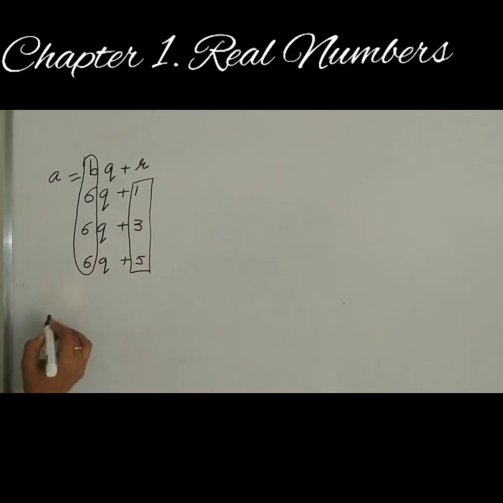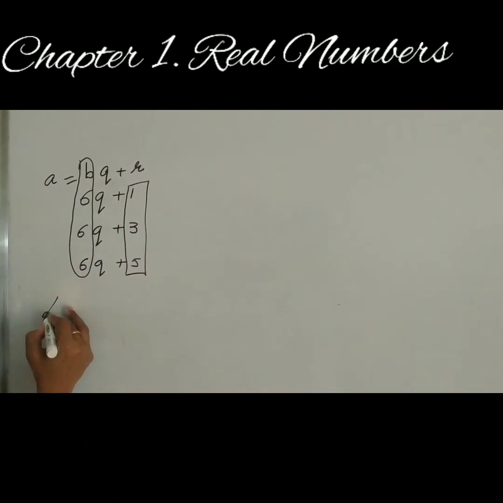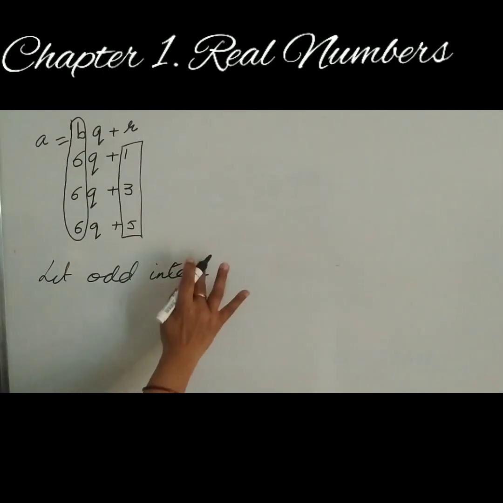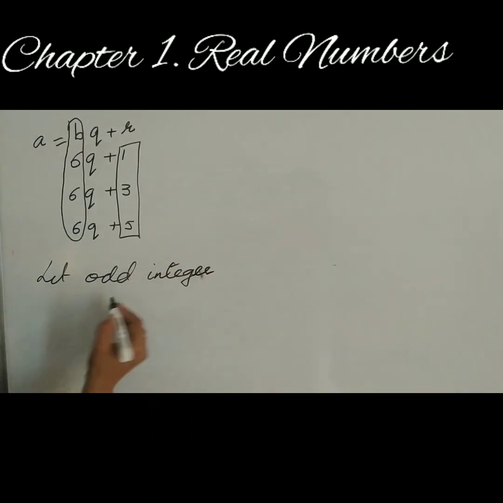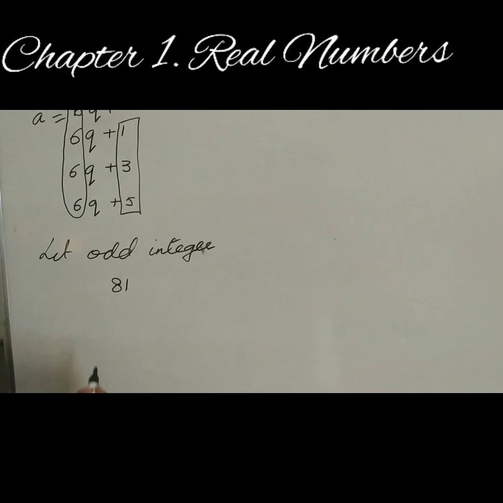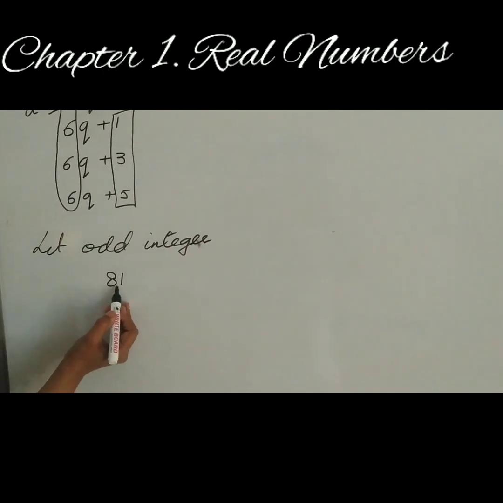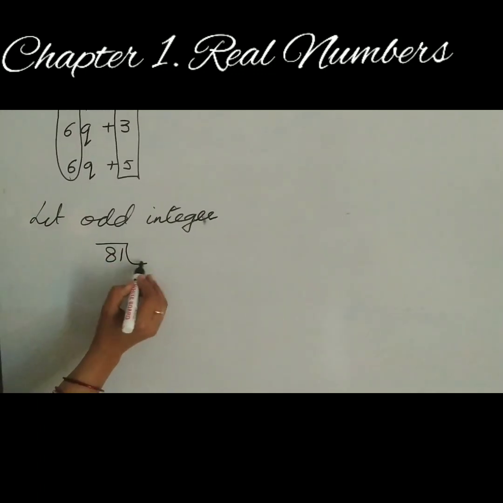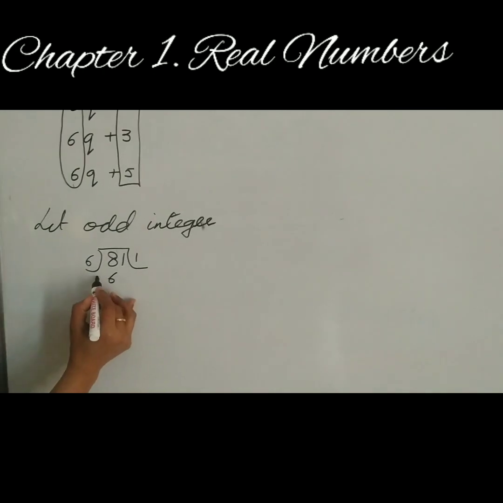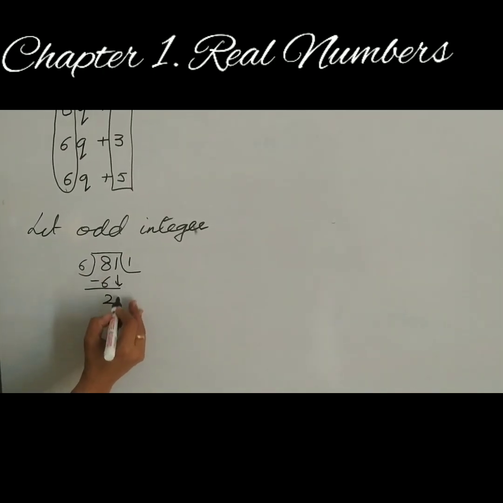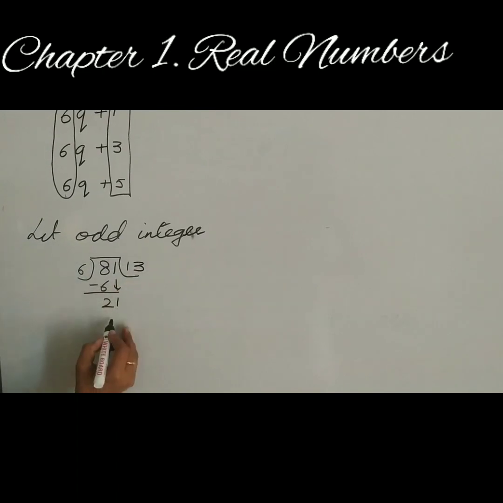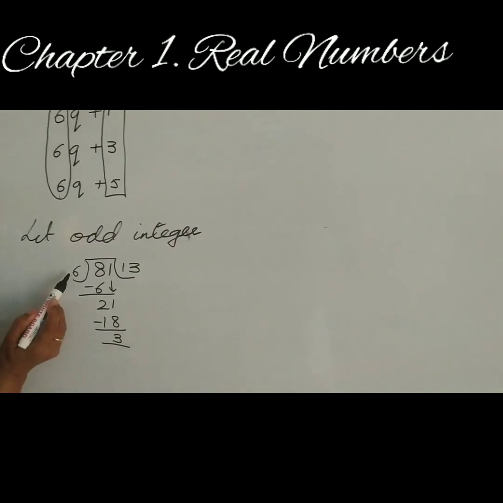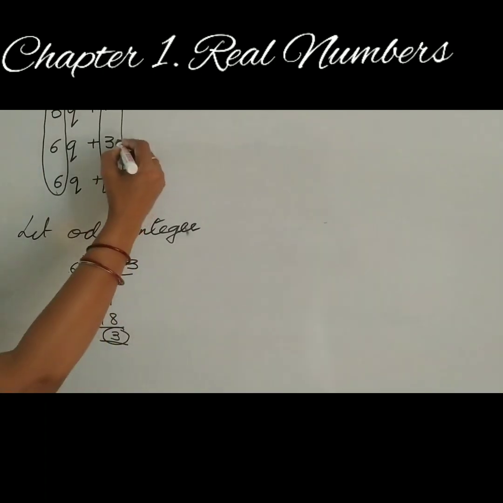Basically it means, suppose we have any odd integer. Let's say 81. It's an odd integer because there is a 1 at its ones place. If I divide it by 6, 6 1s are 6, bring down this, 6 3s are 18, so remainder is 3. That is, on dividing by 6, we are getting remainder as 3.